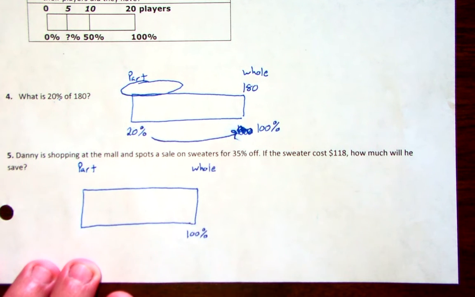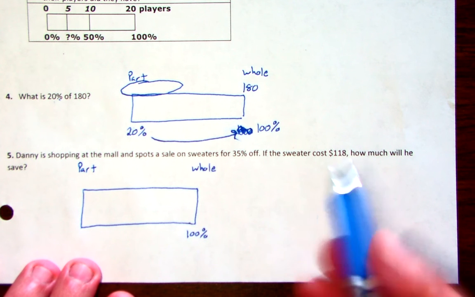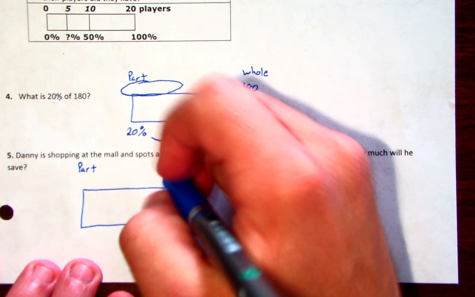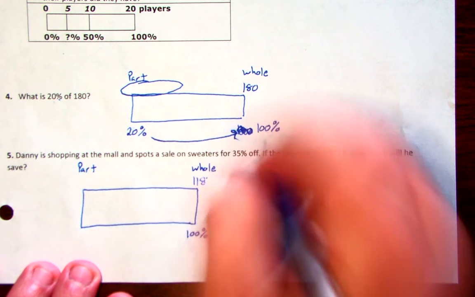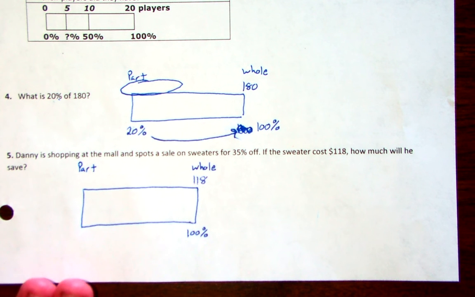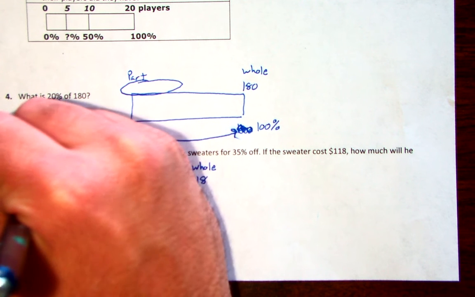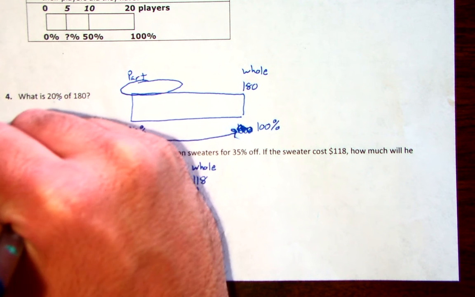Before the sweater went on sale, how much did it cost? Good, it costs $118, so that's your whole. But Danny bought it on sale for 35% off. So if that's 35% off, what percent did he pay? Well, let's see. 100 minus the 35% off.